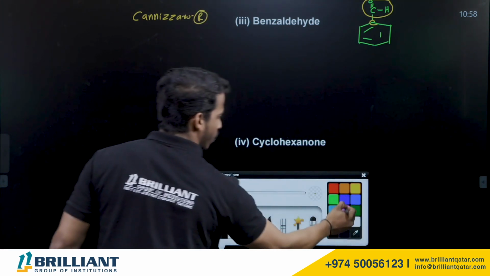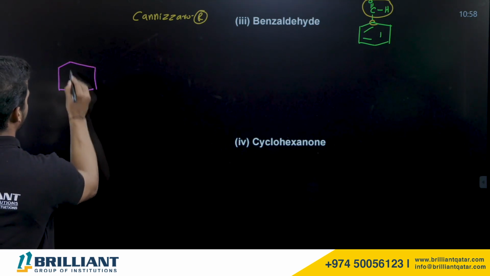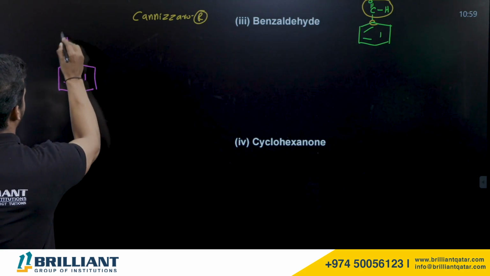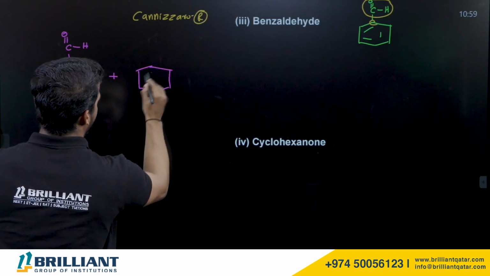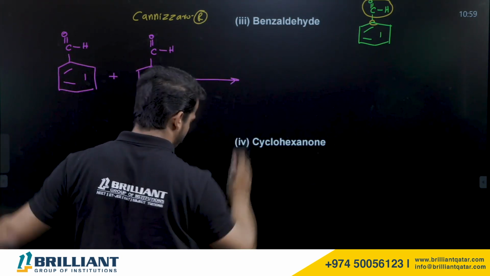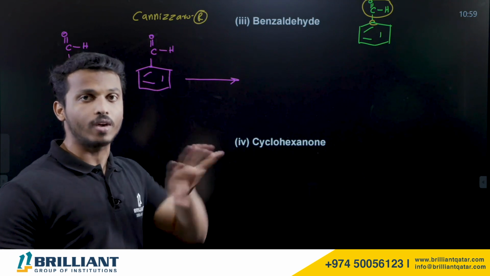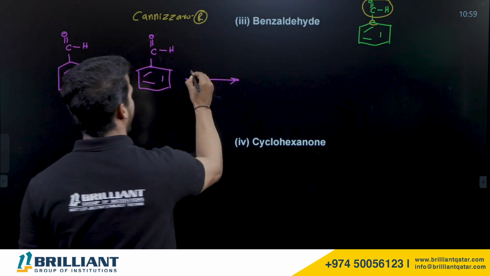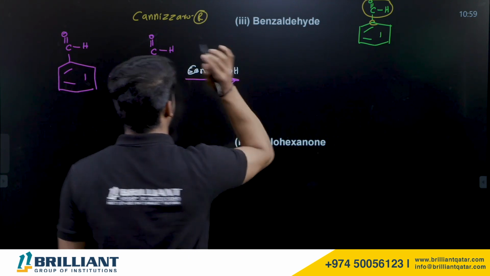So let us write the product, all of you. I'm taking benzaldehyde as a starting material. You know benzaldehyde is benzene with the aldehyde. During Cannizzaro reaction, we have 2 same species, right? Okay, let me take one more aldehyde. Tell me, dear student, during Cannizzaro reaction, we need a strong base or a weak base? Strong base, okay. So we have to use concentrated NaOH or KOH, alright.